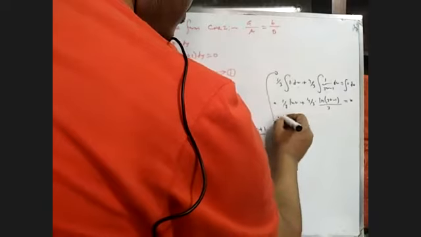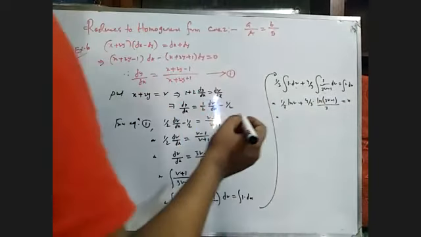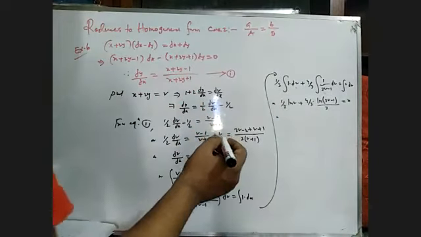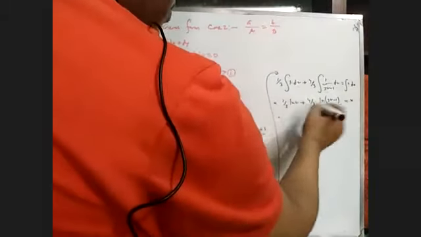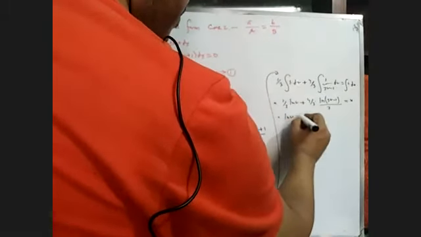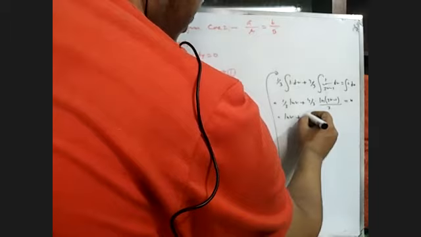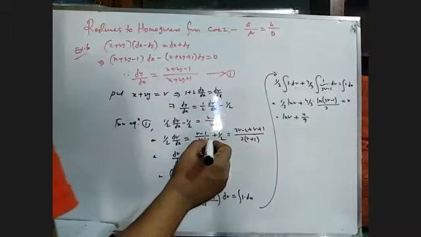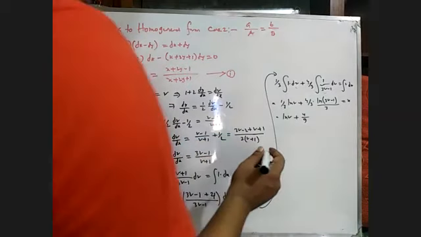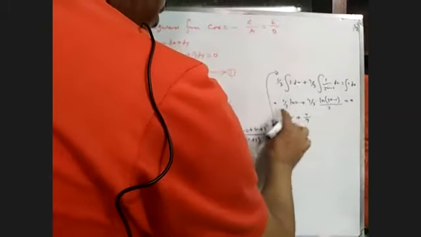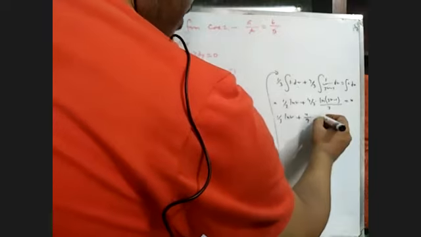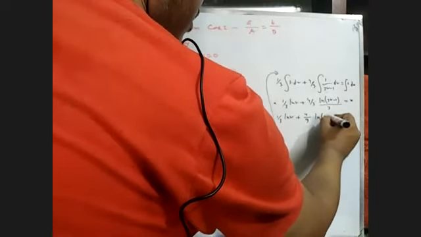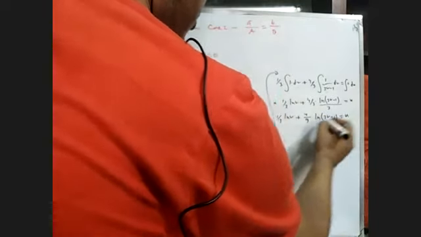So now multiplying by 3 on both sides, 1 by 3 ln b plus 4 by 9 ln (3b minus 1) equals x.